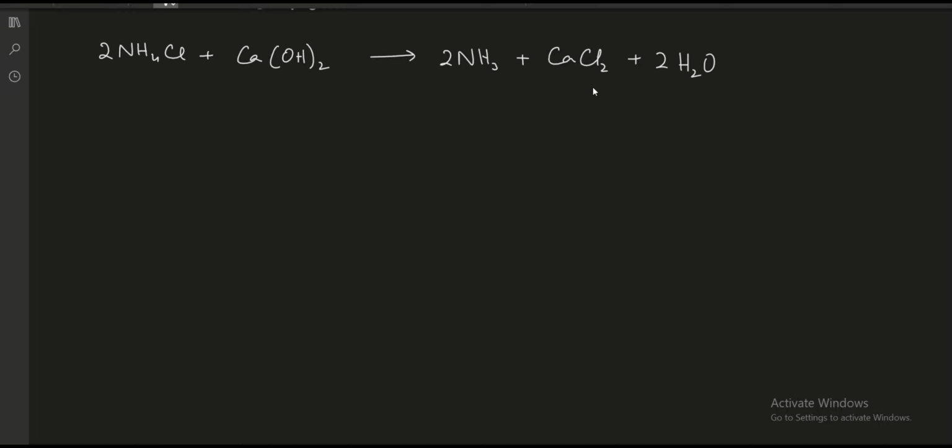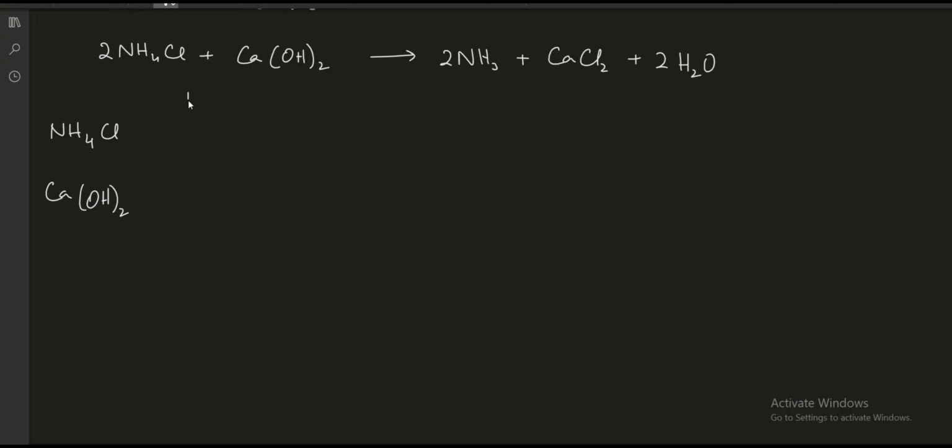That is the balanced equation given in the question. Now for finding the limiting reactant, we follow these simple steps. The first reactant is ammonium chloride. The second reactant is calcium hydroxide.